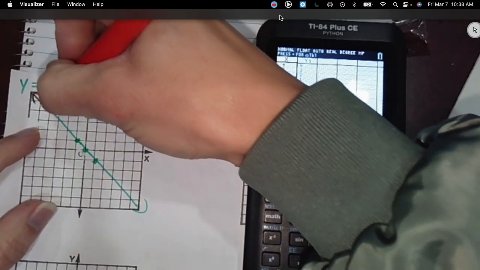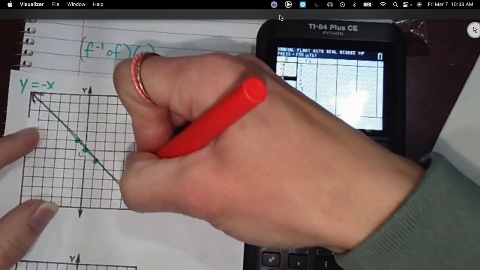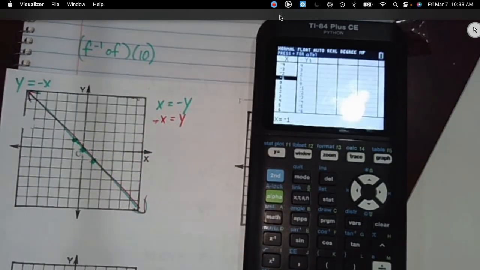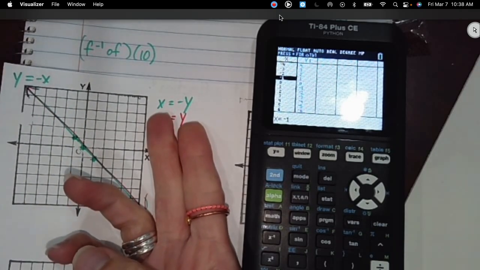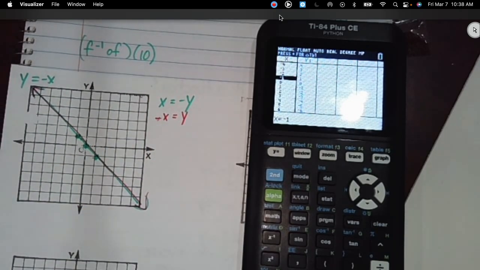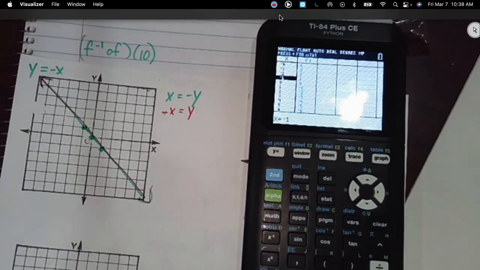It's the same thing. Y equals -x. I switch them and I get x equals -y, divided by -1, and y equals -x again. So that's just the inverse. It's basically flipped over itself, the graph did.